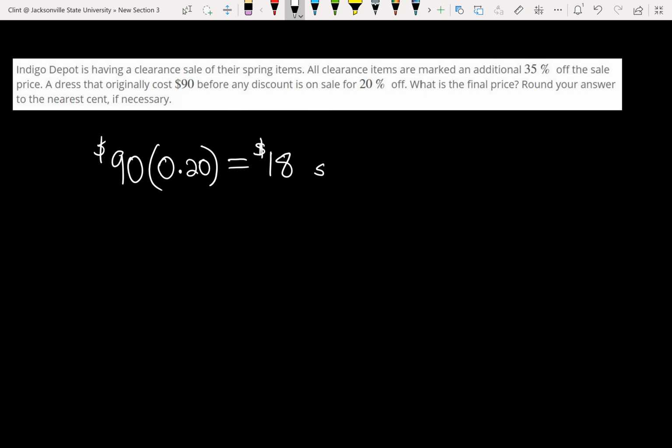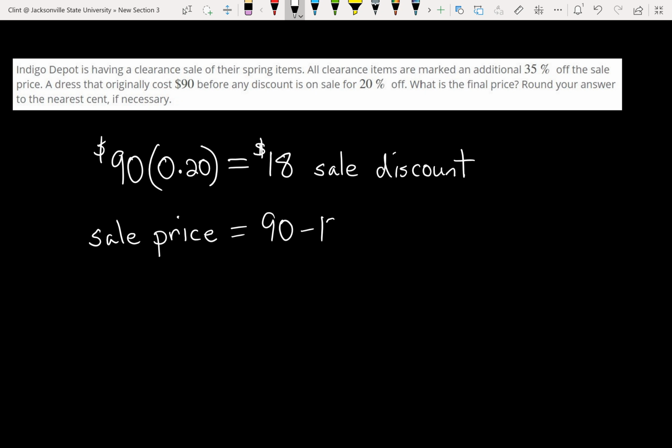So this is our sale discount. And then we have to find out what the sale price would be. Our sale price, that just means we subtract off our discount, is 90 minus 18. So 90 minus 18 gives us $72. That's how much it cost on sale.